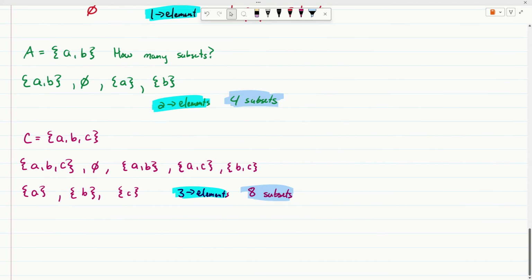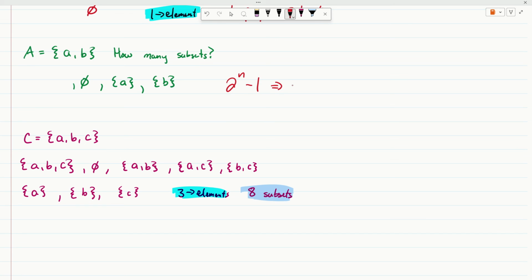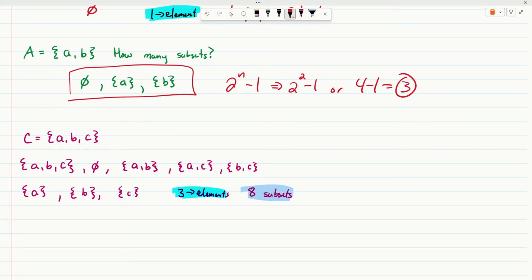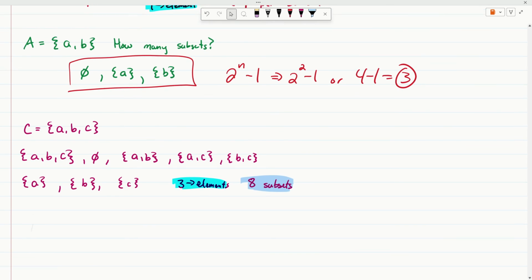For the second example, you cannot include the set itself, so get rid of it. So now you have 3 subsets. So 2 to the n minus 1 equals 2 to the second minus 1, or 4 minus 1 equals 3. And you can clearly see here we have exactly 3 proper subsets.